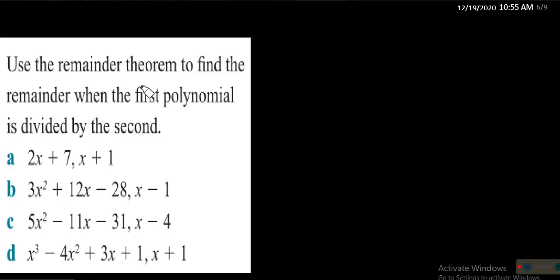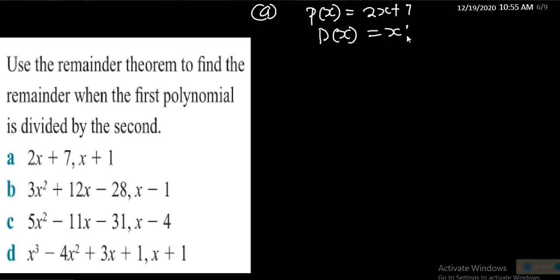Use the remainder theorem to find the remainder when the first polynomial is divided by the second polynomial. Start with a. So p of x here equals 2x plus 7, and d of x equals x plus 1.